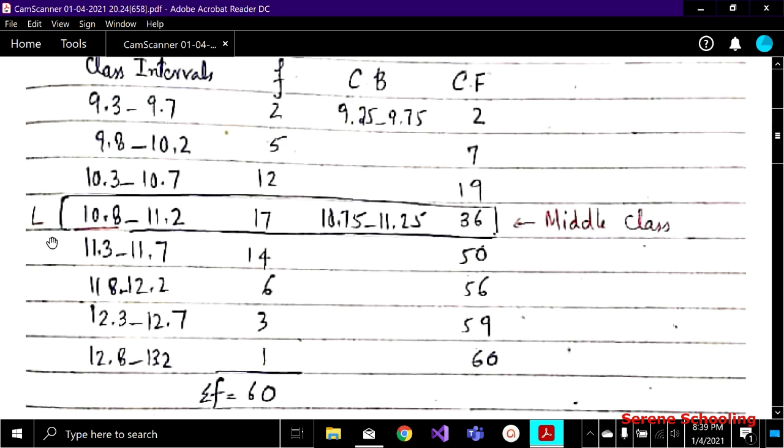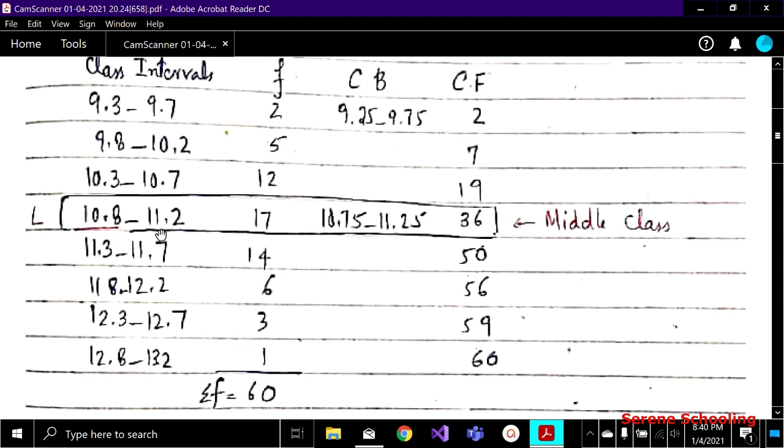Since our data is in decimals, as I've told, the hint for finding the class boundaries was that you subtract 0.05 from the lower class limit and add 0.05 to the upper class limit, and we get this result. So this is my lower class boundary, this is my upper class boundary, and this is my lower class limit, and this is my upper class limit.